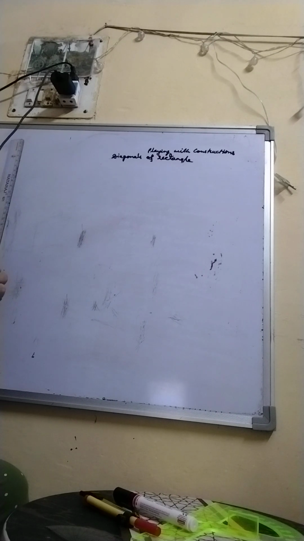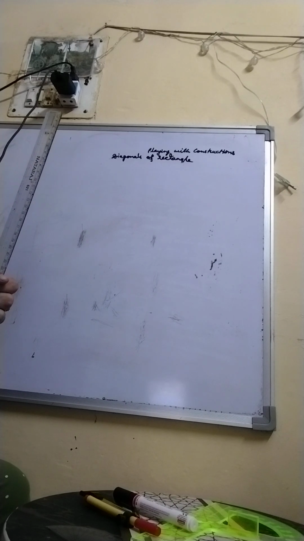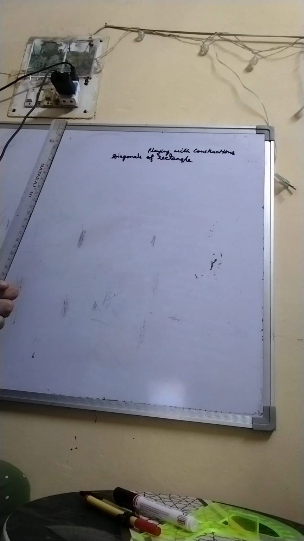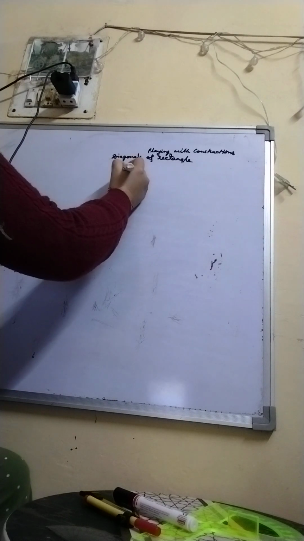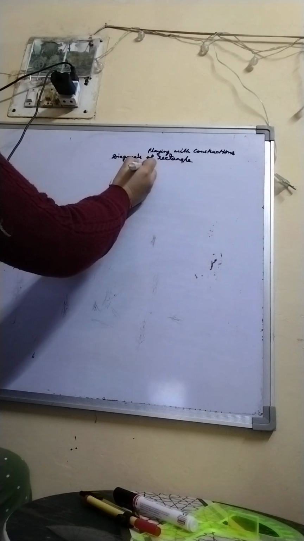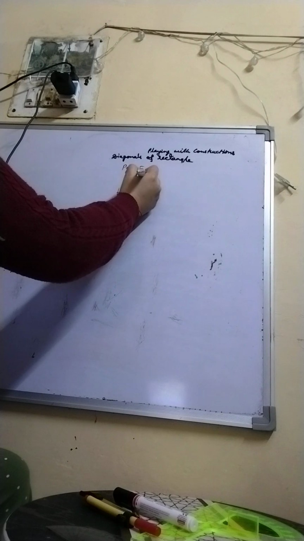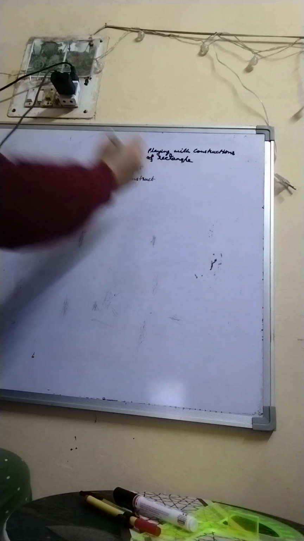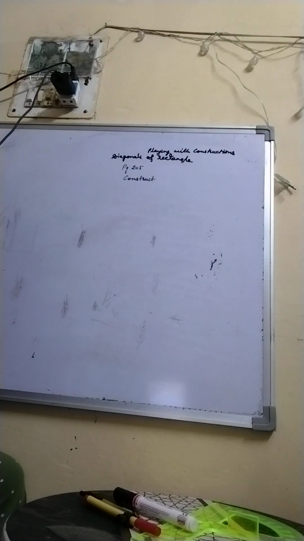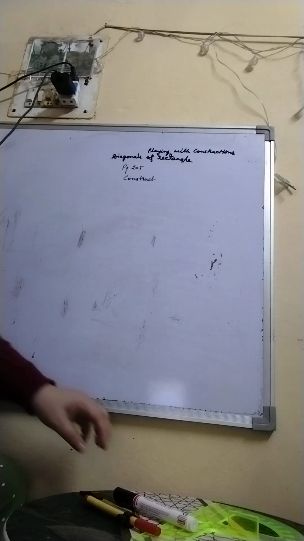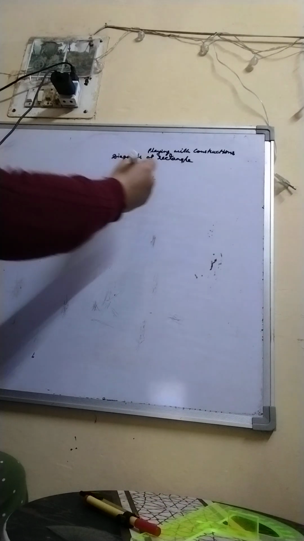So the first construction is on page number 205. Construct a rectangle in which one of the diagonals divides the opposite angle into 60 and 30 degrees. Okay.